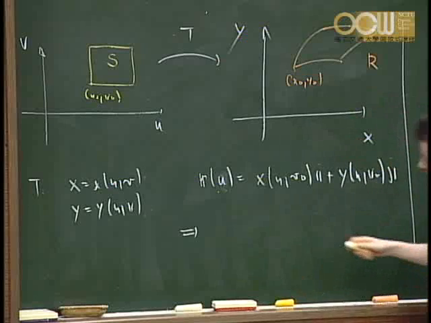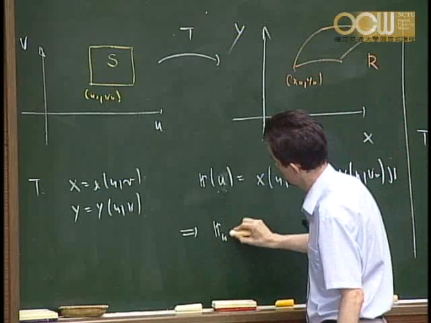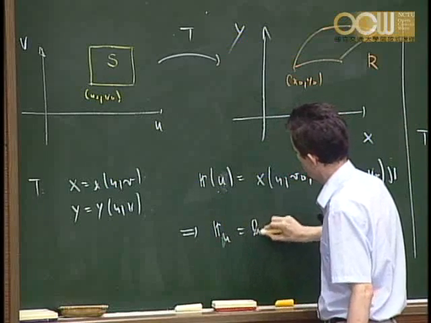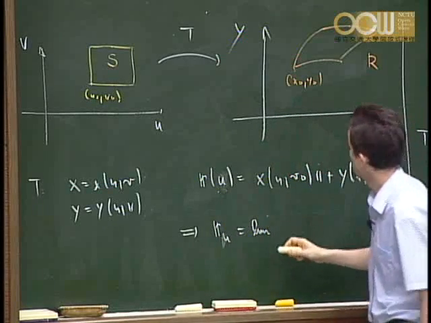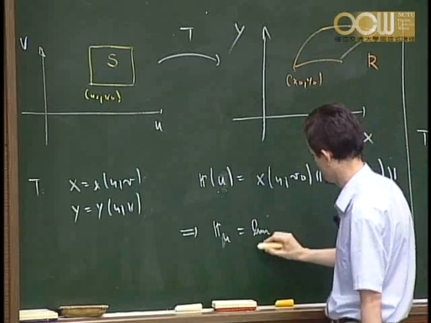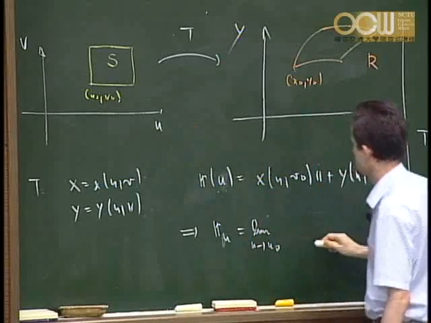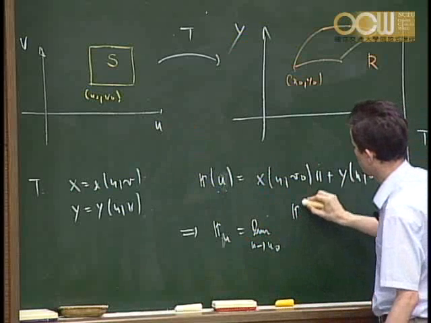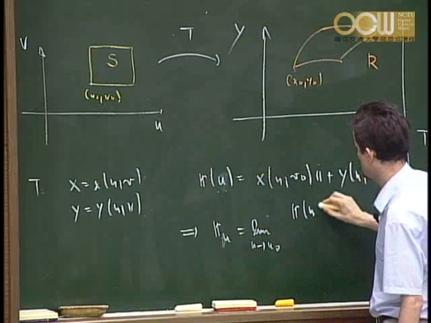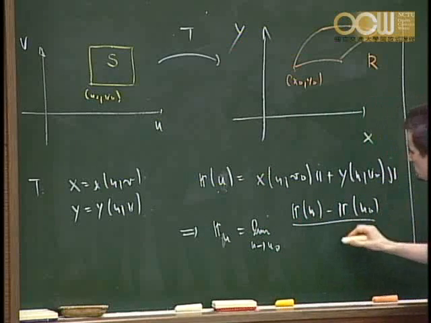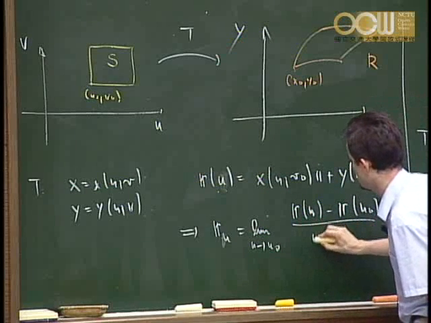So the derivative is equal to the limit as U tends to U0 of R of U minus R of U0 over U minus U0.